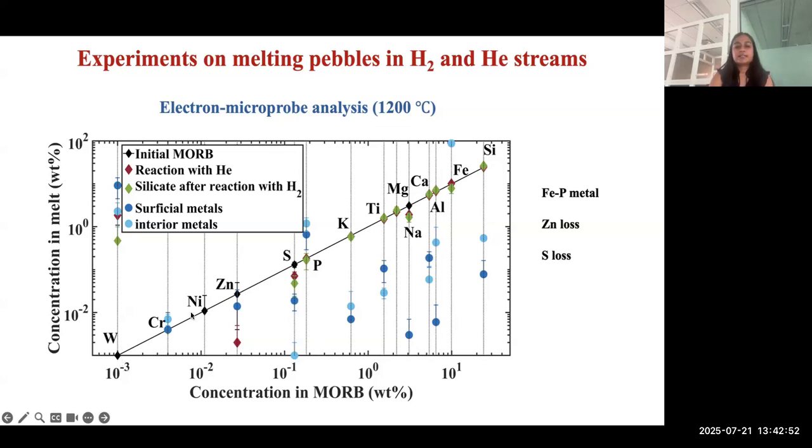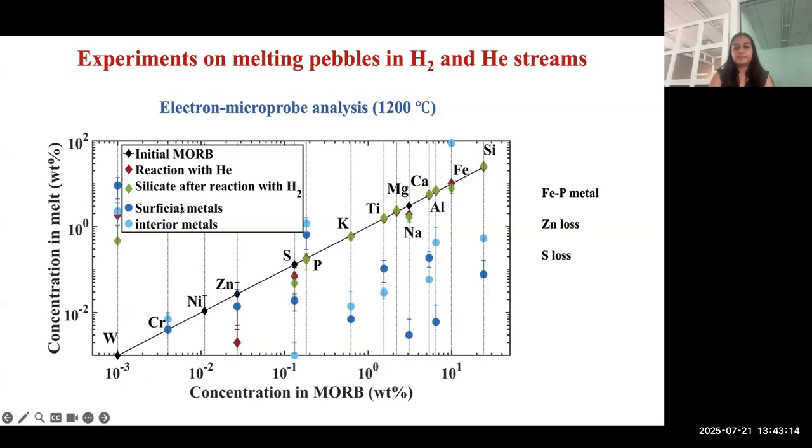Therefore, this line with black diamonds shows initial MORB composition, and anything above this line means that melt is enriched in that element. Anything below this line means that element is depleted. That melt is depleted in those elements.